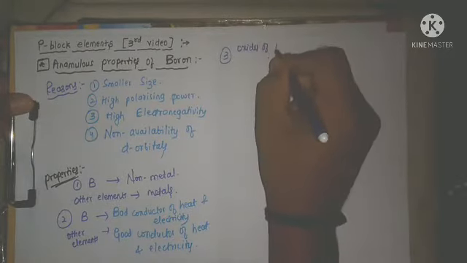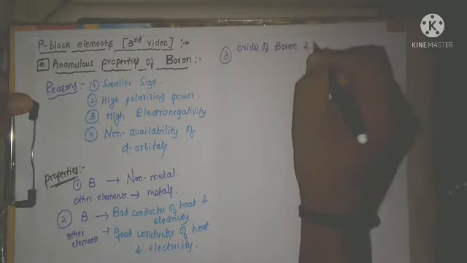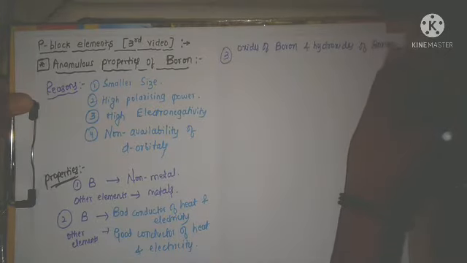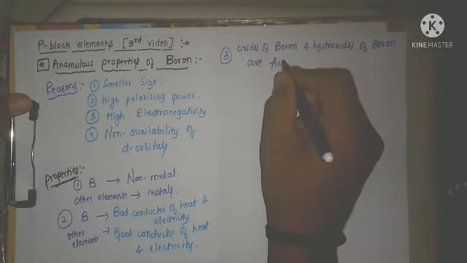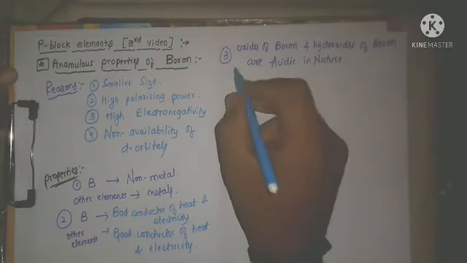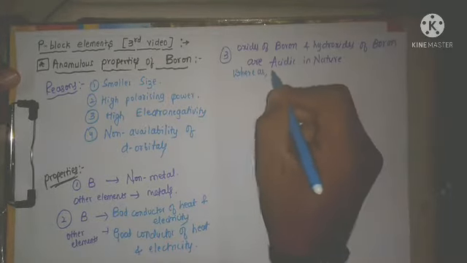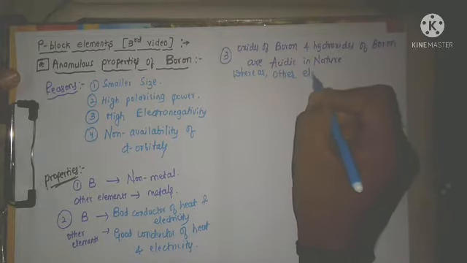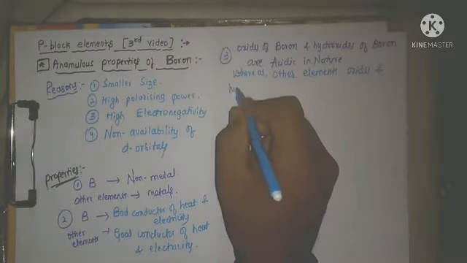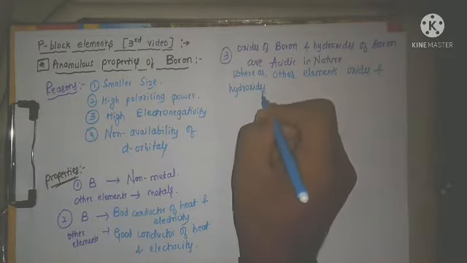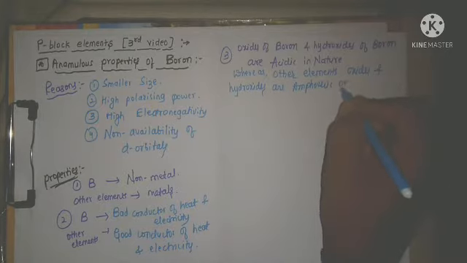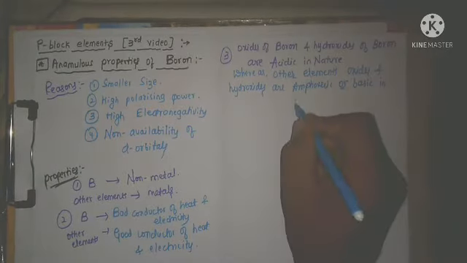Oxides of boron and hydroxides of boron are acidic in nature, whereas other elements' oxides and hydroxides are amphoteric or basic in nature.